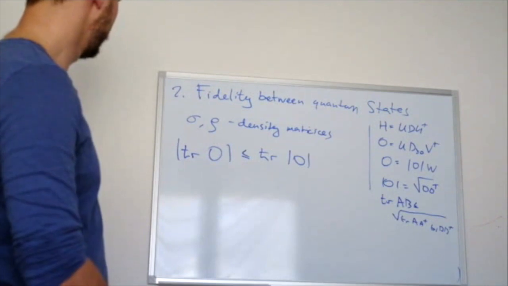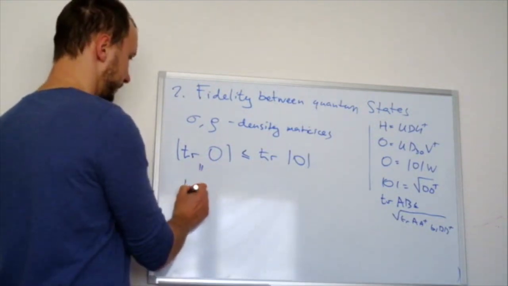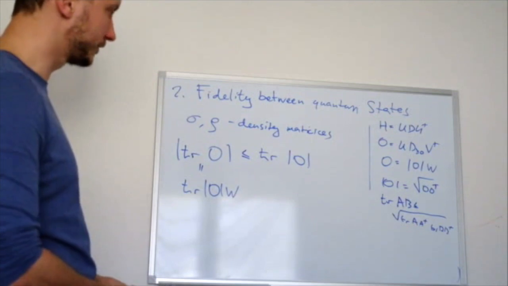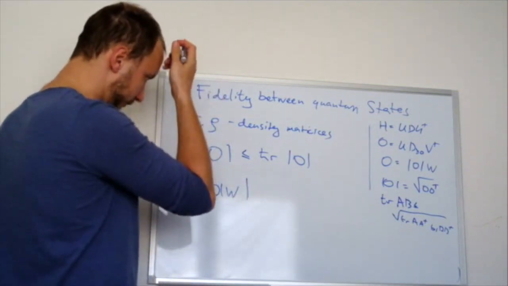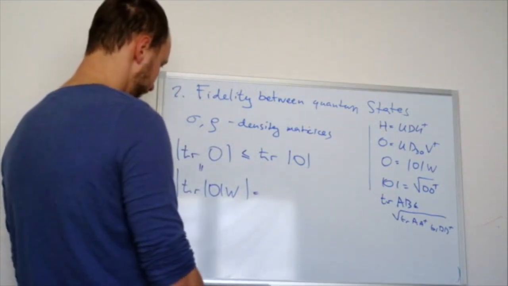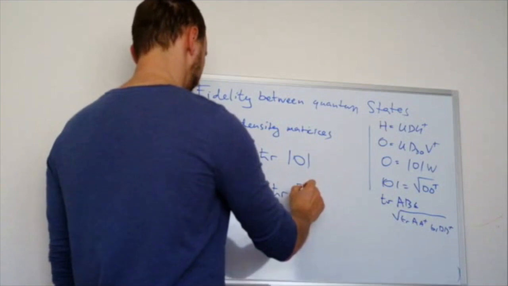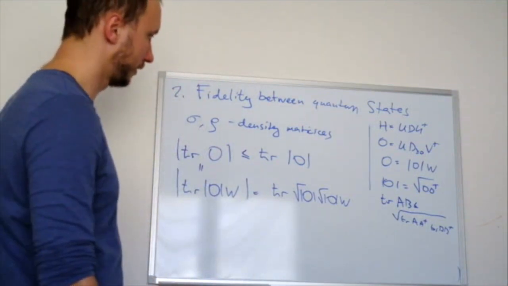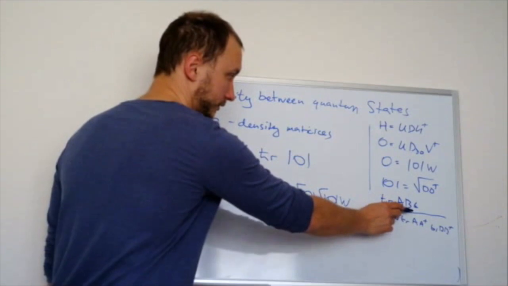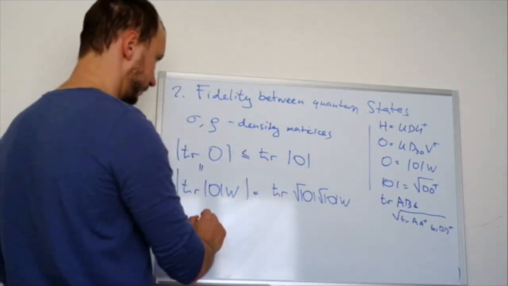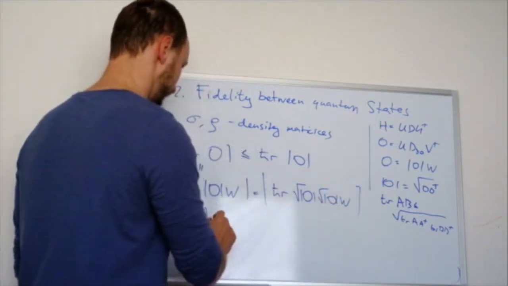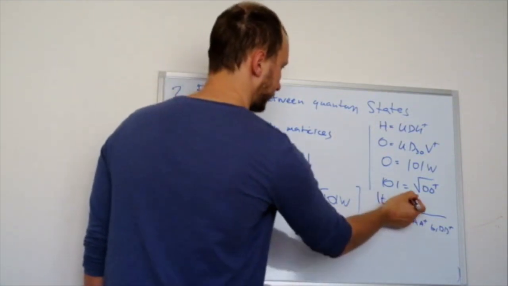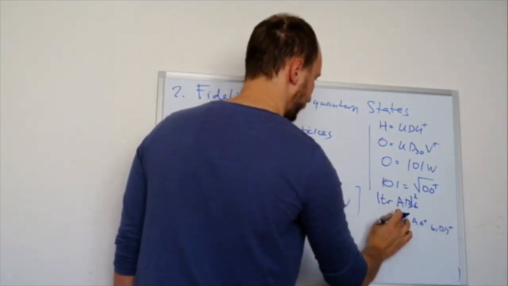We can use this Hilbert-Schmidt product because here we have the trace of O W, for some W, using the polar decomposition, absolute value, and of course this thing is just the trace of square root of O, square root of O W. And now using the Hilbert-Schmidt thing here, the Cauchy-Schwarz inequality, we see that this is smaller or equal than the square root of, yeah, so we can also use it this way, with absolute value squared without the square, which is the same thing.